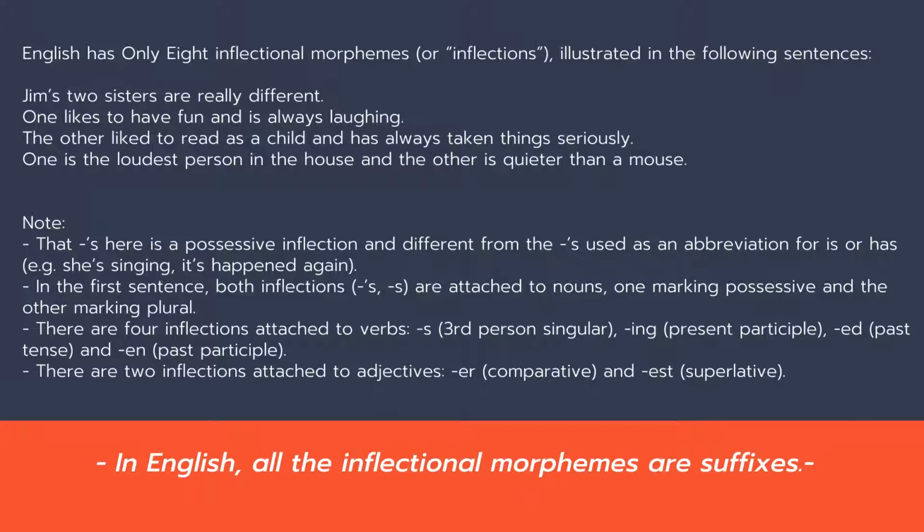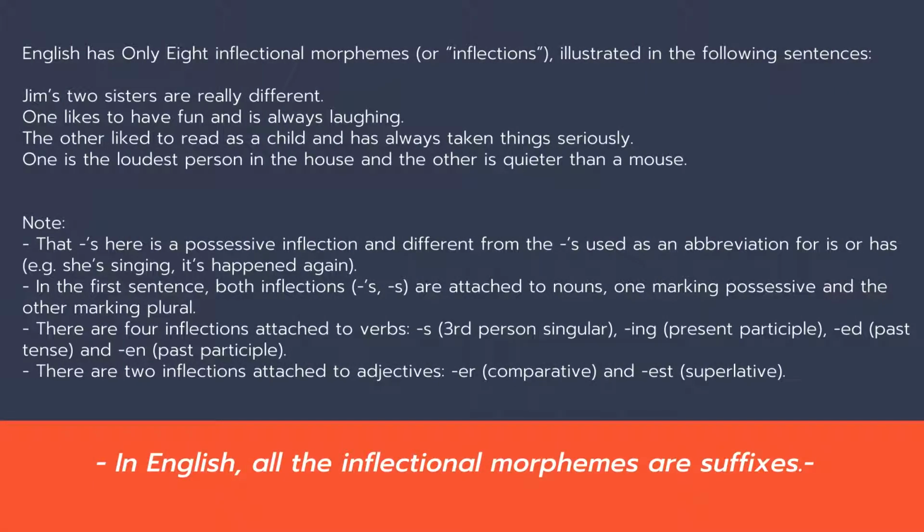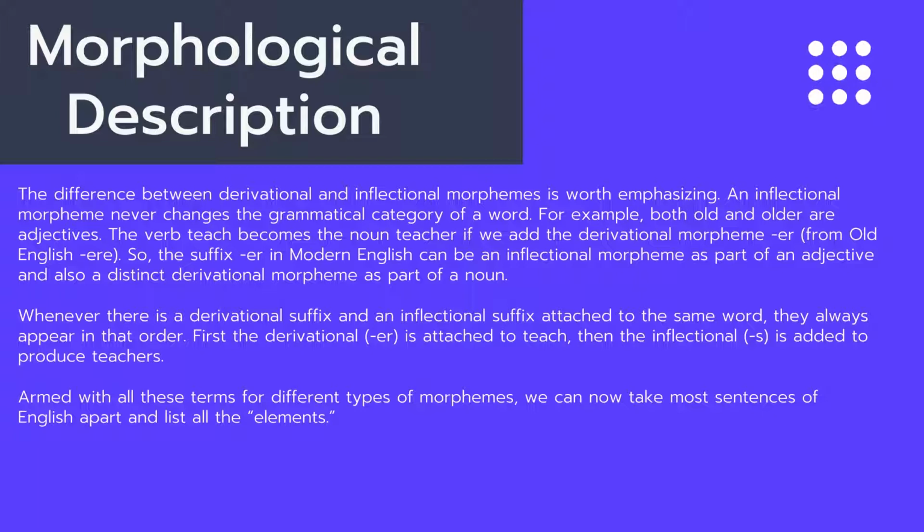There are four inflections attached to verbs: third person singular, present participle, past tense, and past participle. There are two inflections attached to adjectives: comparative and superlative.